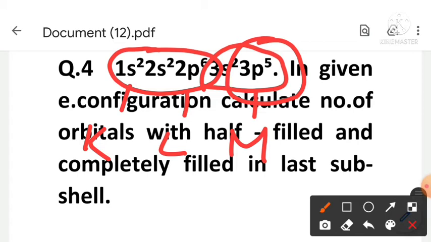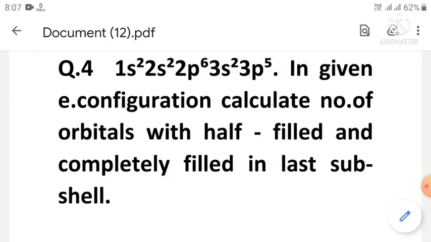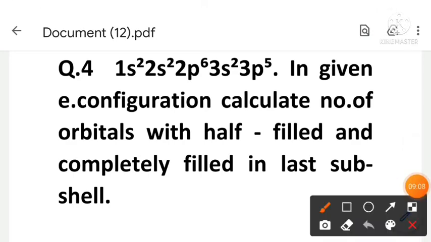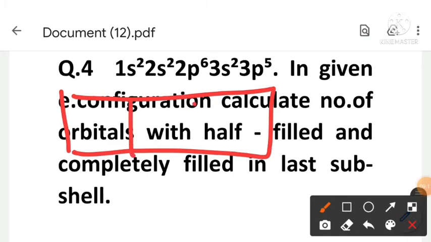So the number of orbitals with half filled and completely filled. First we have to draw the orbitals. We know how to draw the orbitals. If we know that, then we can easily draw. Now you have to fill the electrons one by one. Now the number of electrons is 5.